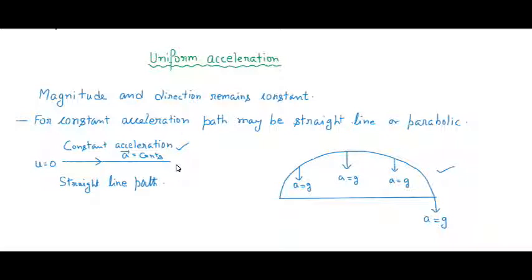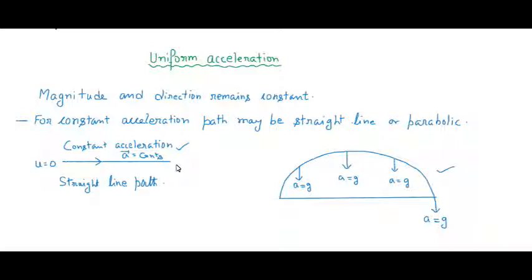So if it is moving with a uniform speed in a straight line, then acceleration is 0. Remember, when a particle moves continuously in a curved path, then even with uniform speed the acceleration of the particle is non-zero.